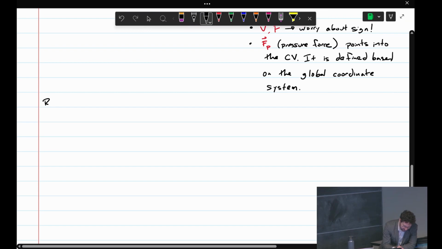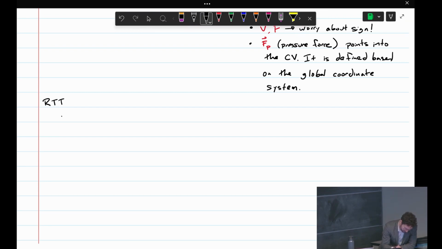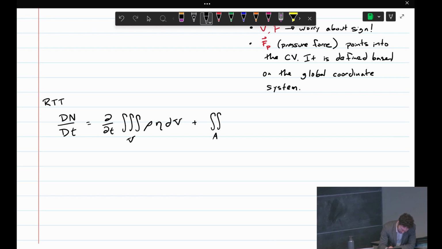The last integral relation we talked about was Reynolds transport theorem. It says that dN by dt equals the partial by partial t of the volume integral of rho eta dV plus this area integral.